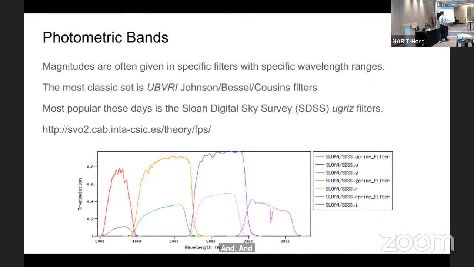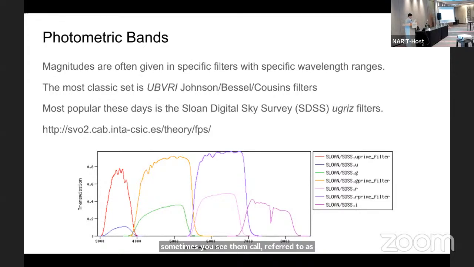And when we make this measurement of magnitude, usually we make it in different photometric bands. So this is, again, just a recap of what we talked about yesterday. There are several standard systems that we use. The most classic set is the so-called UBVRI. Sometimes you see them referred to as Johnson, Bessel, or Cousins filters.